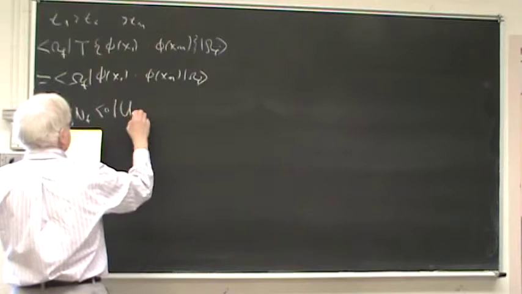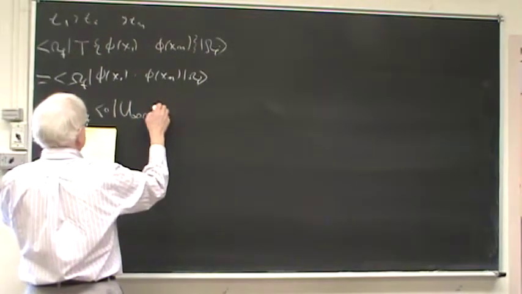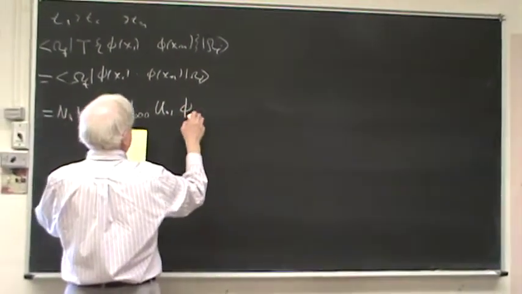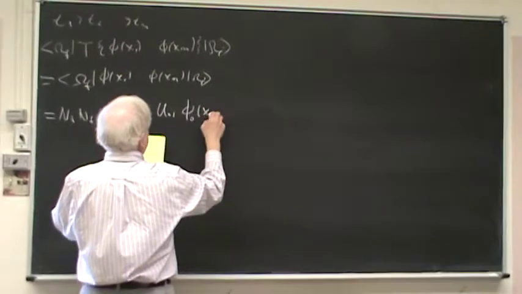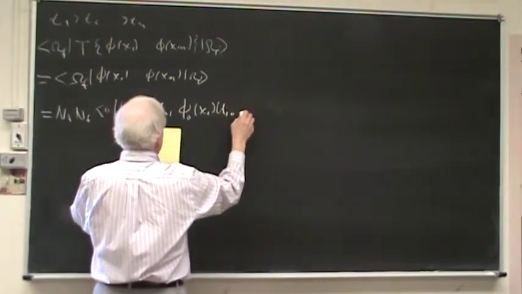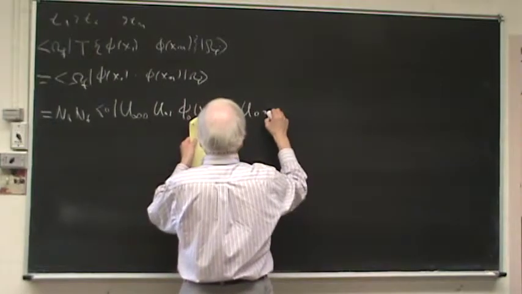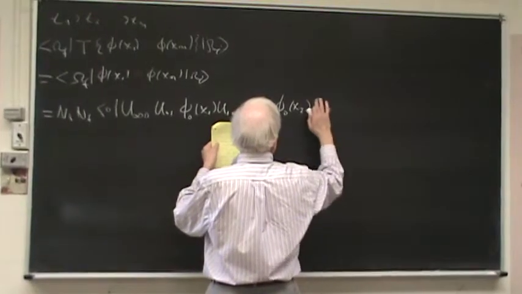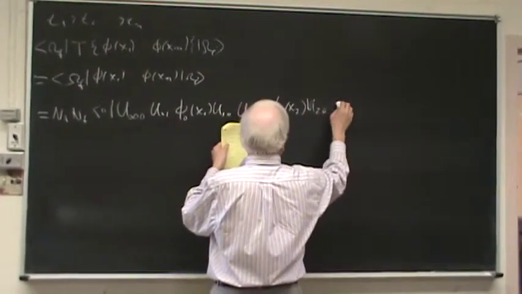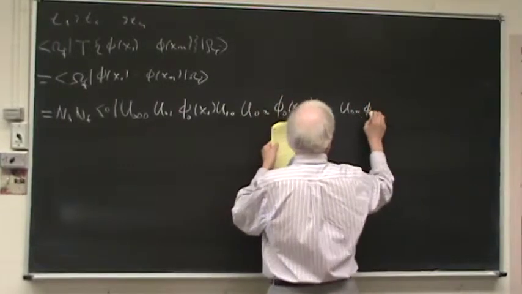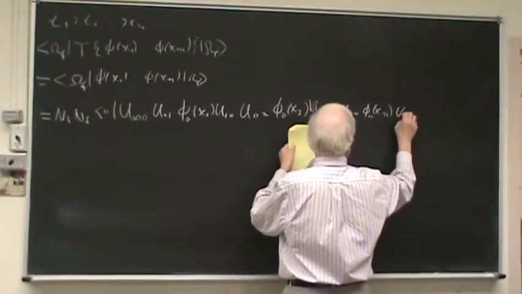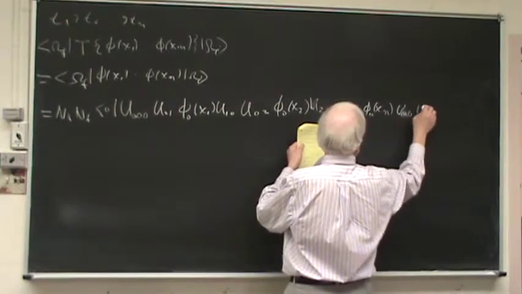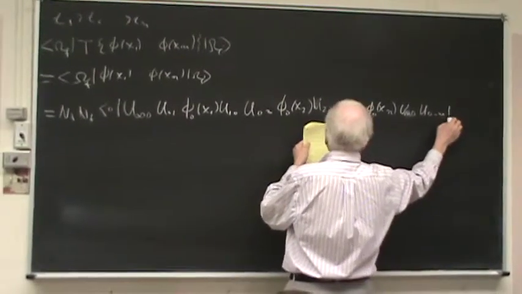And now what evolves everything forward is U infinity 0, U0 1, phi 0 of x1, U1 0, U0 2, phi 0 of x2, U2 0, and so forth, U0 n, phi 0 of xn, Un 0, U0 minus infinity 0.